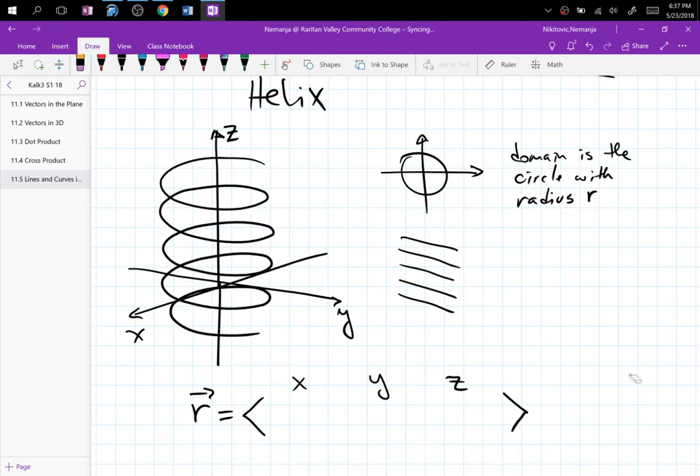So I better put r cosine theta, or t for time, r cosine t, comma, r sine t. That already took care of the circle in the domain, because the domain is what you see on the floor. You shine the light on the spring, it will give you the circle shadow on the floor.